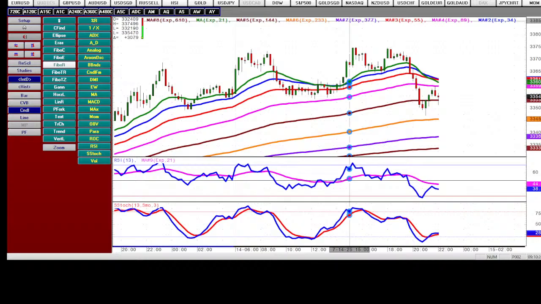So 53 half and 48. I'm raising this because I feel I've just missed it. So let's see whether we are able to get that trade.